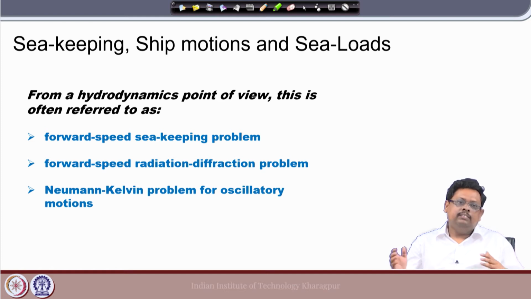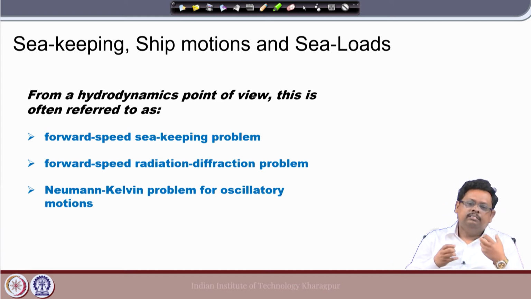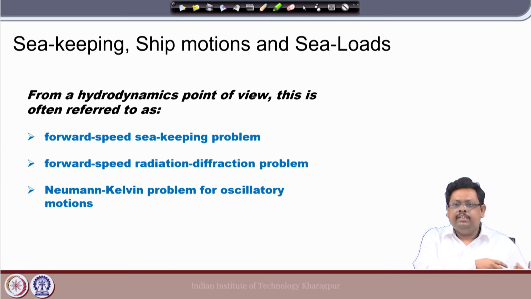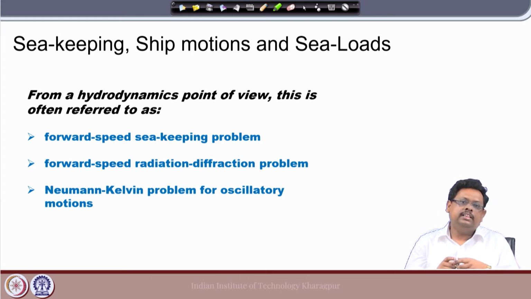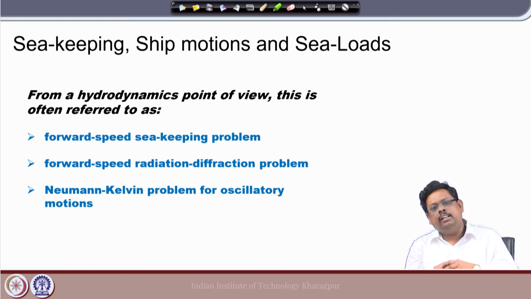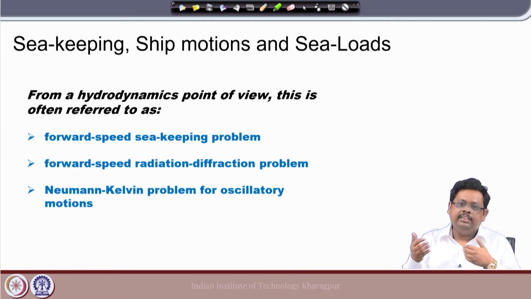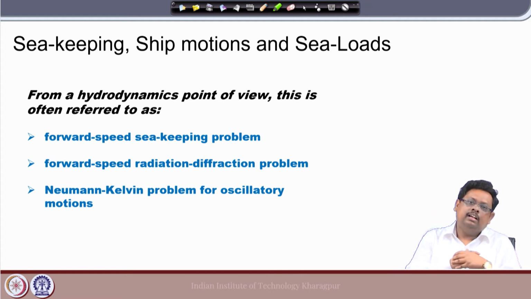Because, as you know from our previous lectures, mostly we are going to deal with two major forces. One is the radiation force, from which we get added mass and damping, and another is the diffraction force, that is, when the wave is hitting the ship, the force because of that incident.